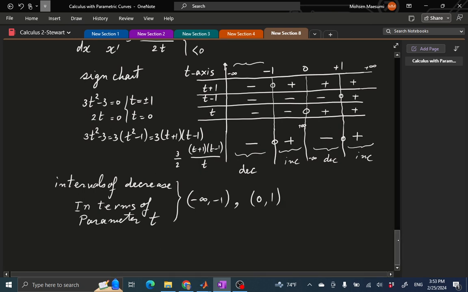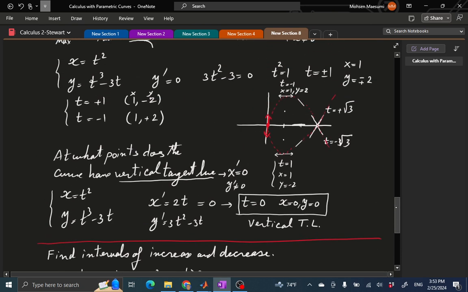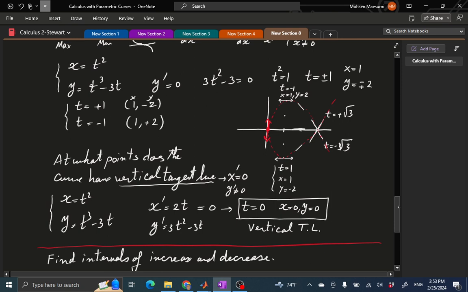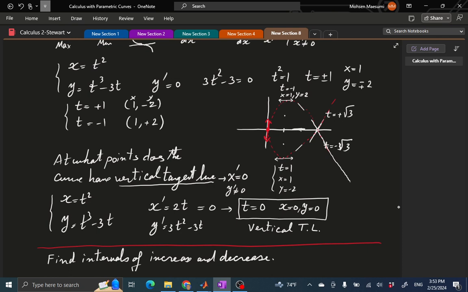Before we go any further, let's see what happens. Here we are guessing that the tail is here. T equal to minus infinity must be down here. It starts and it goes up and comes around, and t equal to plus infinity is over there.